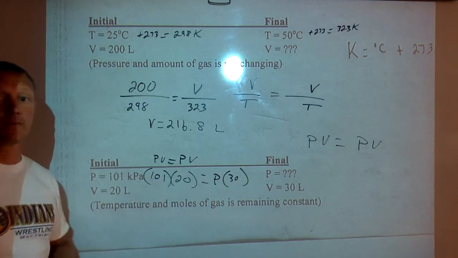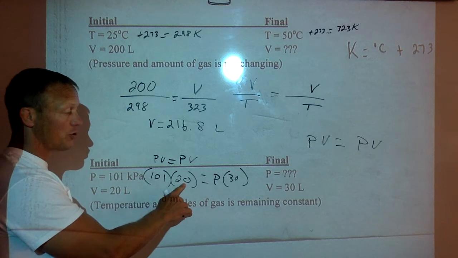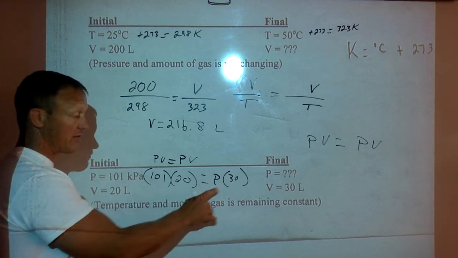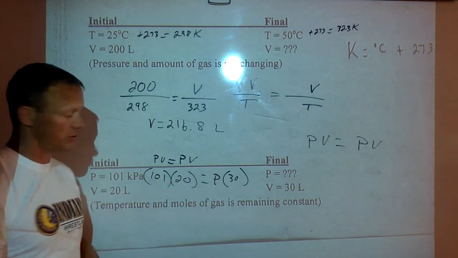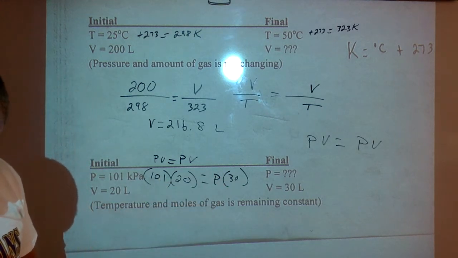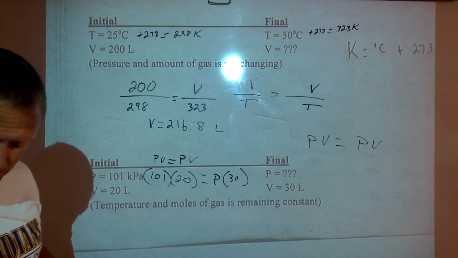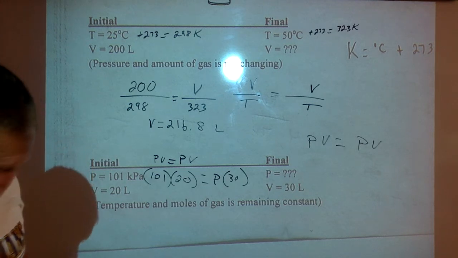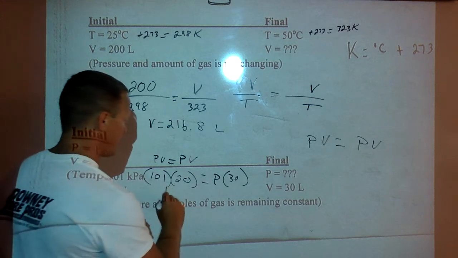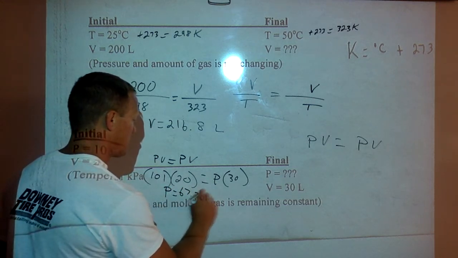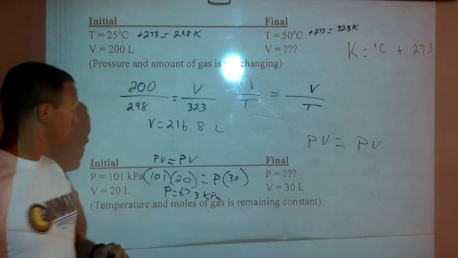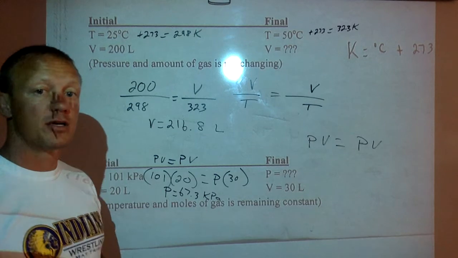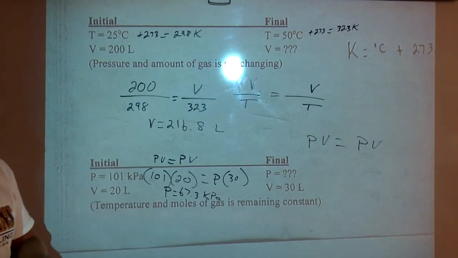I'm going to multiply these two and divide by 30, because I want to get the variable by itself. 101 times 20 divided by 30 is 67.3 kilopascals. So we would have to decrease the pressure from 101 kilopascals to 67 kilopascals to get the volume to go up by that much.